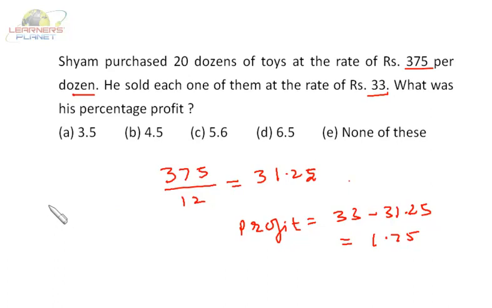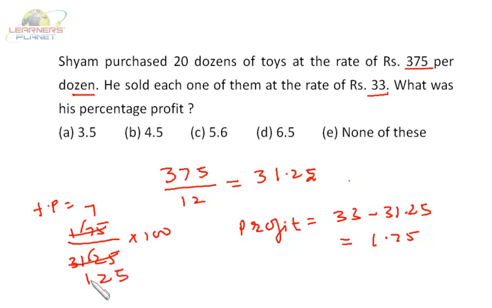So percentage profit is equal to profit over cost price into 100. We just have to calculate it. It is 28 by 5, that is 5.6. I hope you are clear.